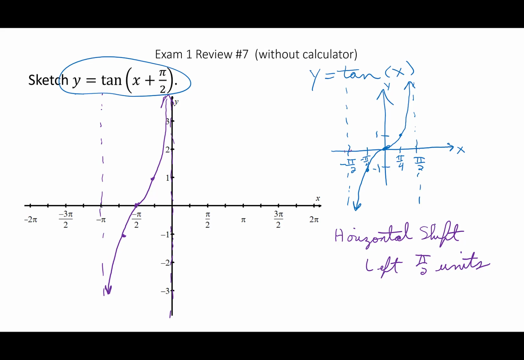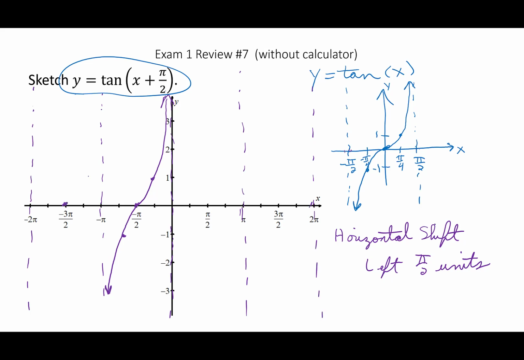Notice that every pi units, we have another vertical asymptote. So we'll have one at negative 2 pi, we'll have a vertical asymptote at x equals pi, and at x equals 2 pi.